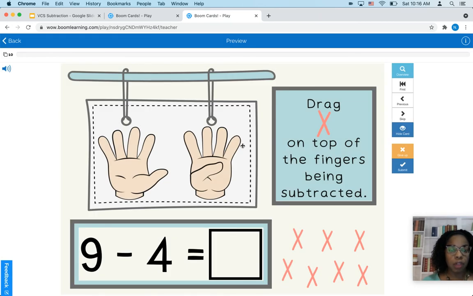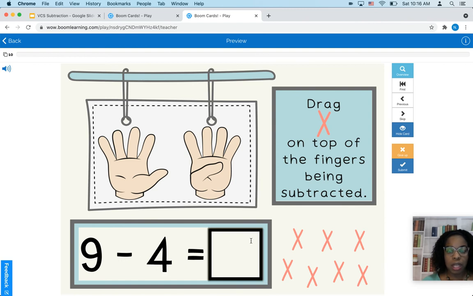There's also an activity using fingers. So here we have drag the X on top of the fingers being subtracted. So we're starting out with 9 fingers. 1, 2, 3, 4, 5, 6, 7, 8, 9, because one finger is down. So we have 9 fingers. And now we're going to take away 4.